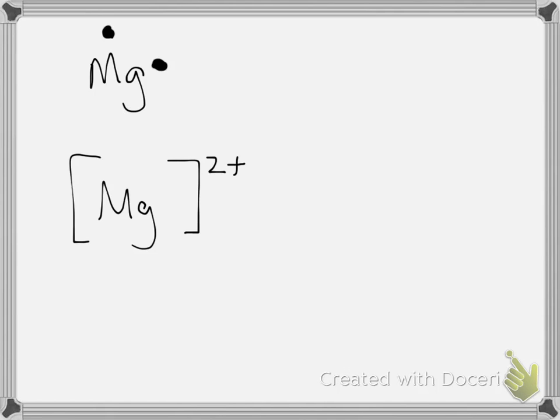What about nitrogen? Because nitrogen does form an ion. If nitrogen forms the ion that it wants and gets all the valence electrons that it wants, it forms a 3 minus. How many valence electrons would be shown in this? 8.